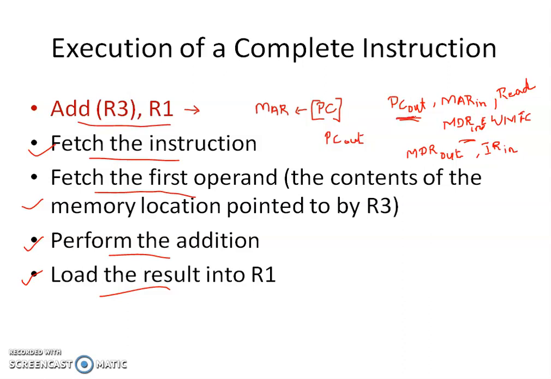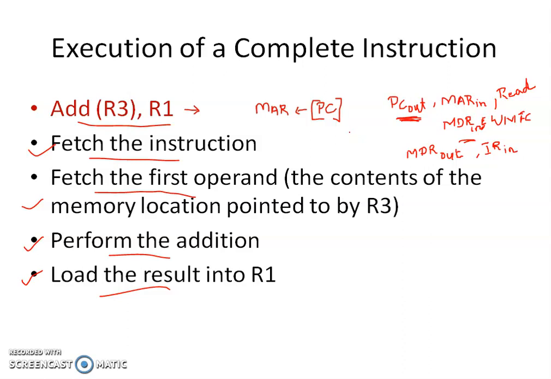Okay, here it said PC out is enabled, isn't it? Now PC out, that address will be available in the bus. So it is not required. When this PC out is enabled, address is available in the bus. It will be copied to MAR in. Then this PC need to be updated by 4.